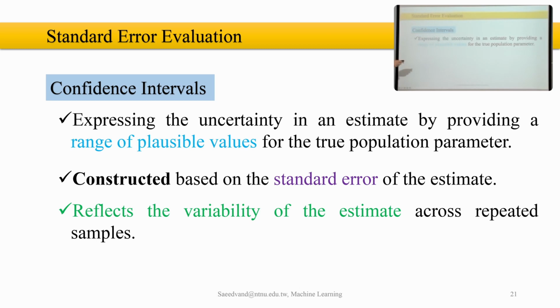First we define that: we are expressing the uncertainty in an estimation by providing a range of possible values. We will define it better in the next slides. And we say the confidence interval is constructed based on the standard error. So you see they are connected to each other.